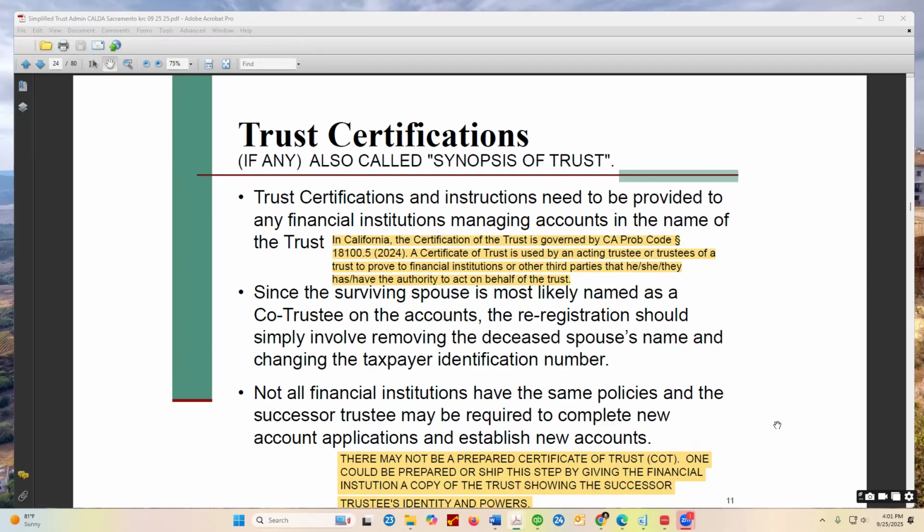So if you have accounts, when one spouse dies, the other co-trustee can simply keep monitoring or managing those accounts. And it's not a problem. It does not require that you remove the decedent's taxpayer identification number from the account.